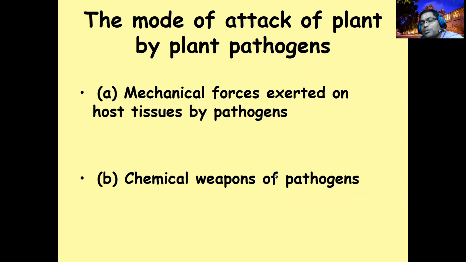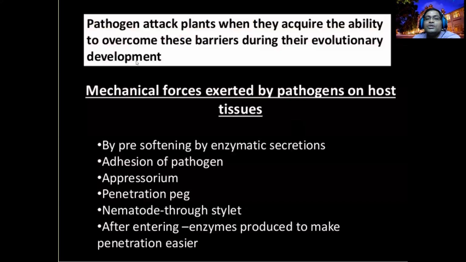So we will first study the pathogen's weapons, then we will study the plant defense. Pathogens use mechanical forces. These mechanical forces can be created by these structures, with the facilitation of these enzymes and certain tools the pathogens have.